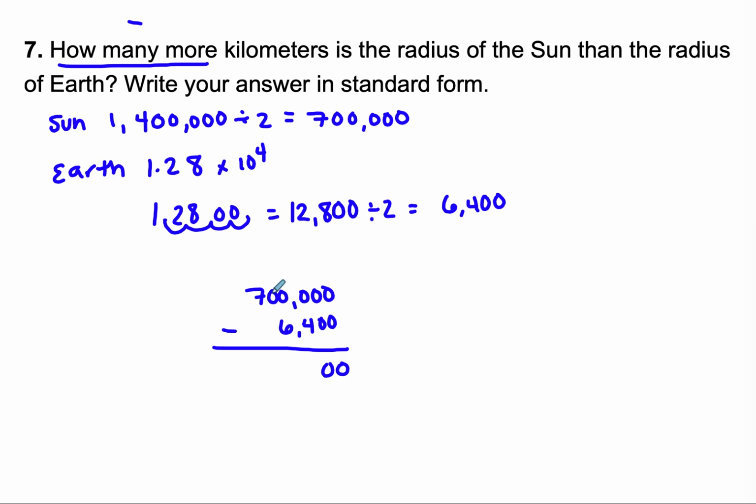Can't borrow here, can't borrow here. So I'm going to borrow from 700. I'm going to make that 699 and make this one a 10. Okay, 10 minus 4 is 6. 9 minus 6 is 3. Then I'm going to bring down my 9, and I'm going to bring down my 6. 693,600 kilometers.